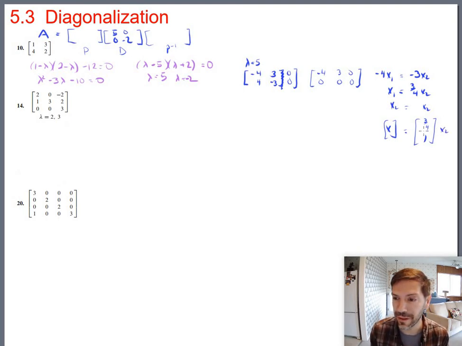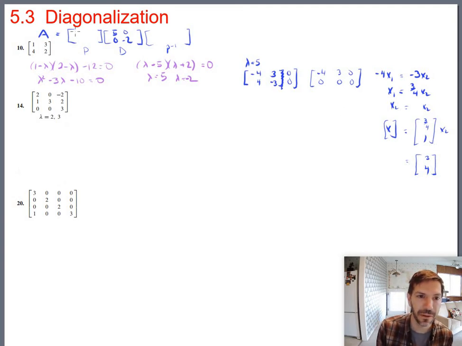There's nothing wrong with that. It's typical to choose your x2 so that you don't have to mess around with fractions, because who wants to mess around with fractions if you don't have to? So if you choose x2 to be 4, you can look at the eigenvector here as being 3, 4. So I will pick 3, 4 to be the eigenvector that goes with 5. So I'll put 3, 4 there.